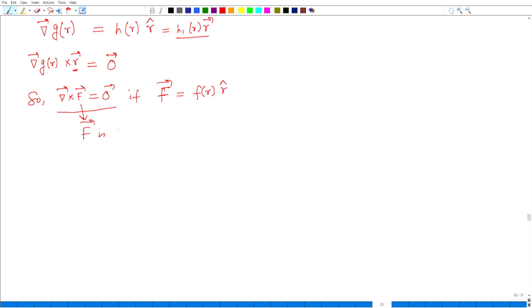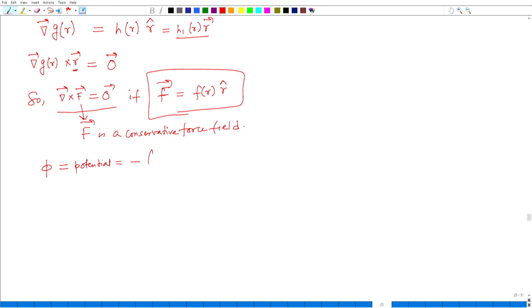So, if I know that F has curl 0 and has this specific form, can you also calculate the corresponding potential energy, where phi is equal to minus the integral of F dot dr?